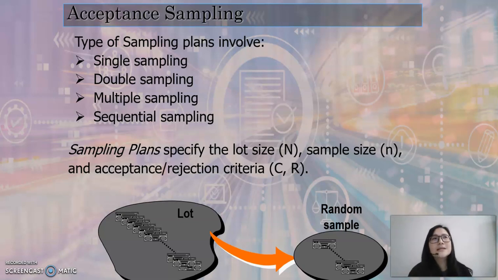So you pick 125 units. That is sample size, lowercase n. And accepted number is how many non-conforming units you can accept, and rejected number is the number at which you reject when you find non-conforming units in the sample. These are C and R.